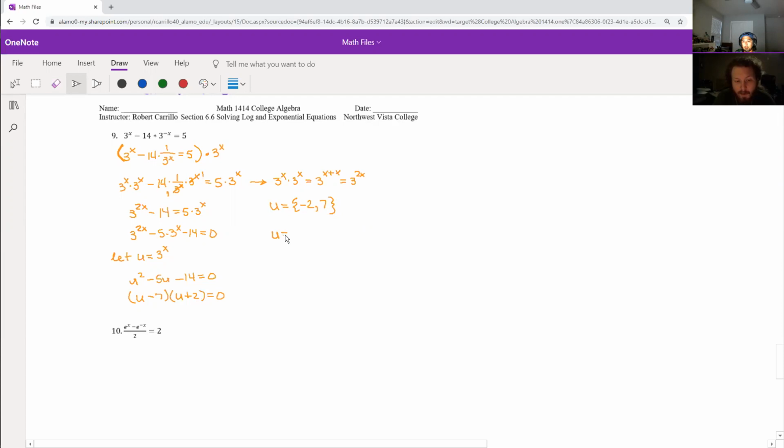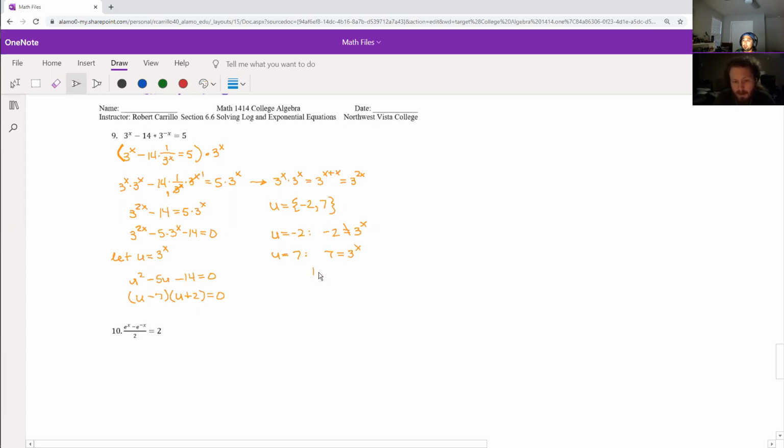Okay, so let's start with u equals negative 2. All right. Automatically, this one should throw up a warning sign to you because this can't work. So let's check out u equals 7. 3 to the x equals 7.